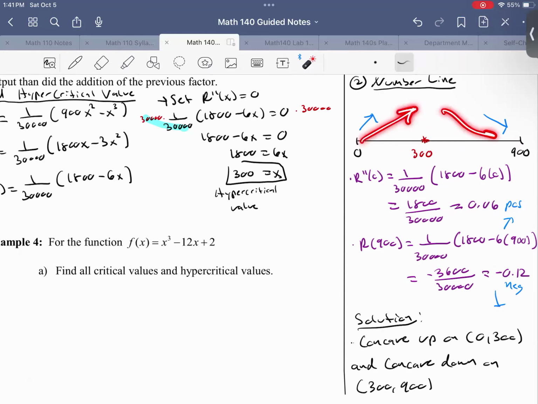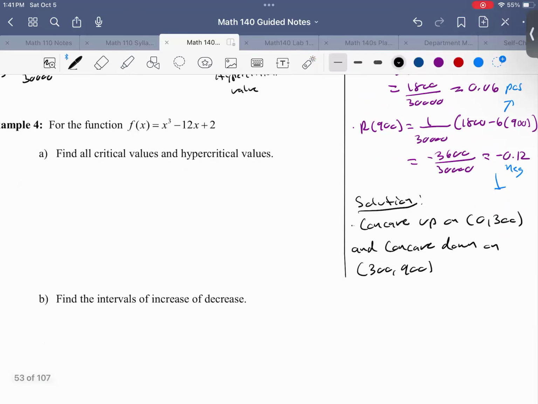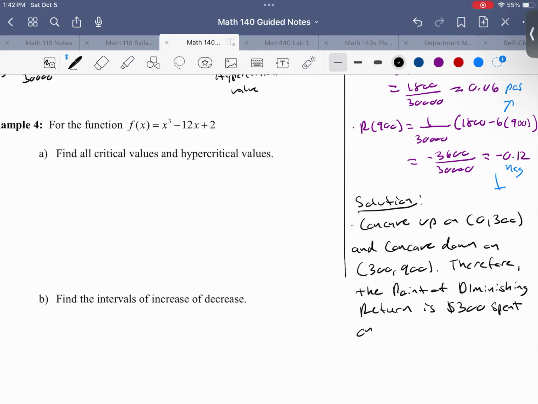Up to 300, down after 300. Therefore, the point of diminishing return is $300 spent on advertising.